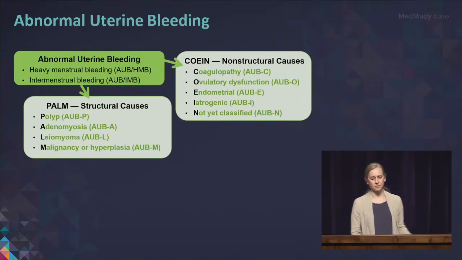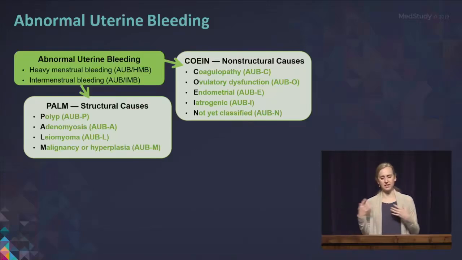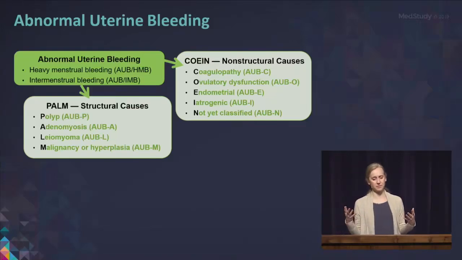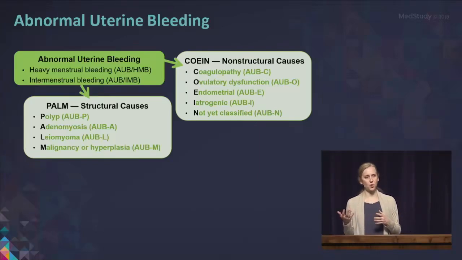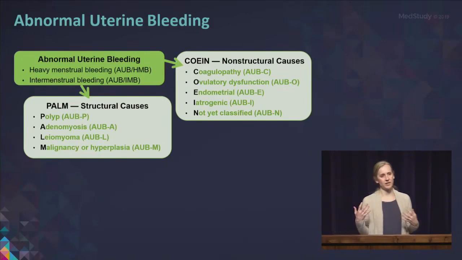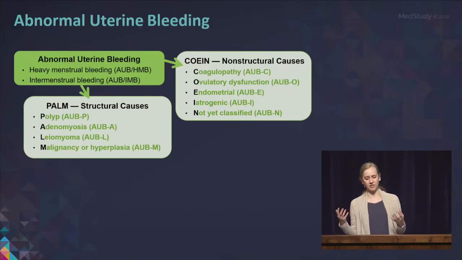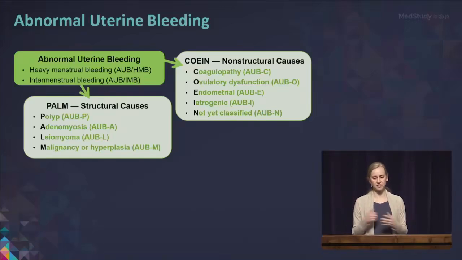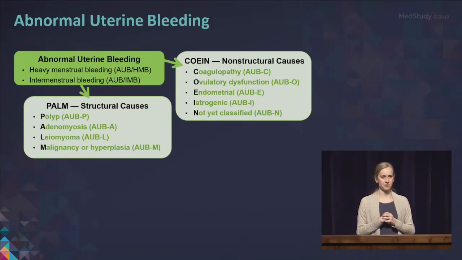Okay, a little bit on abnormal uterine bleeding. I think it's important to remember that there's both structural causes and non-structural causes, and the way to remember these is with the acronym PALM-COEIN, or as I say it, POM, COIN. So POM goes through all the structural things from polyp through malignancy, whereas COIN talks about the things that I think we as internists think about more commonly: coagulopathy, hormonal things causing ovulatory dysfunction, that sort of thing. And you want to sort of think broadly about that when a woman comes in with uterine bleeding.